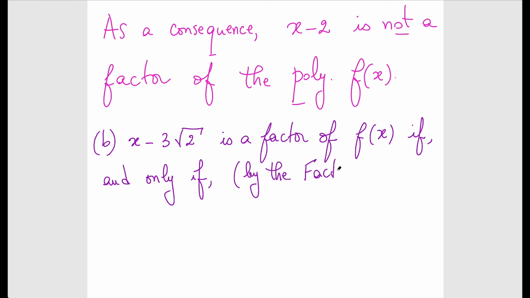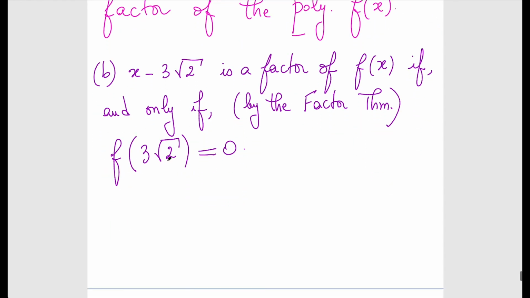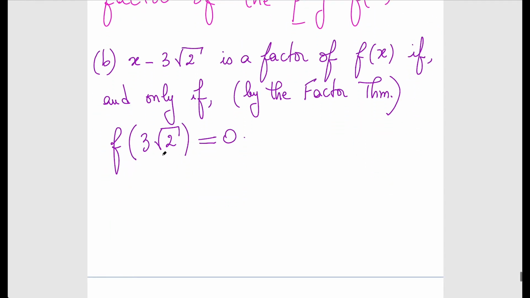So by the factor theorem, f of 3 square root of 2 is equal to 0, which means 3 square root of 2 is a zero or a root of the function or the polynomial f, right? All right, let's check f of 3 square root of 2.